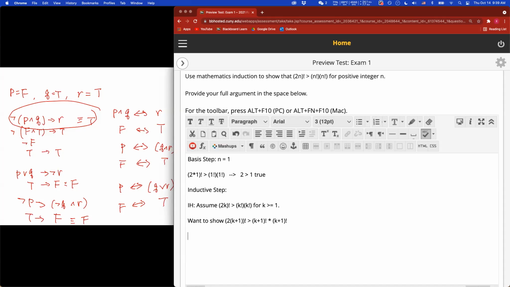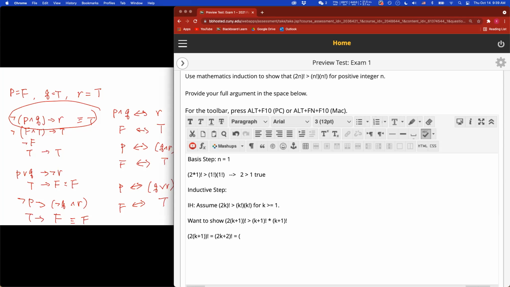So if you start with 2 times k plus 1 factorial, you can write it as 2k plus 2 factorial. Now, normally you want to rewrite it so the term in the inductive hypothesis appears.